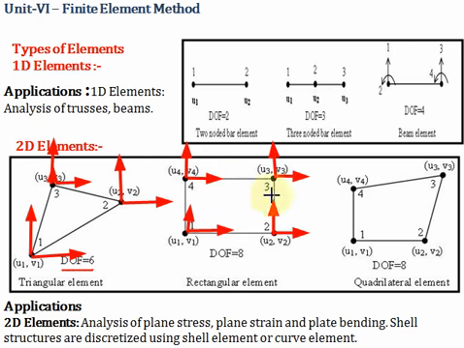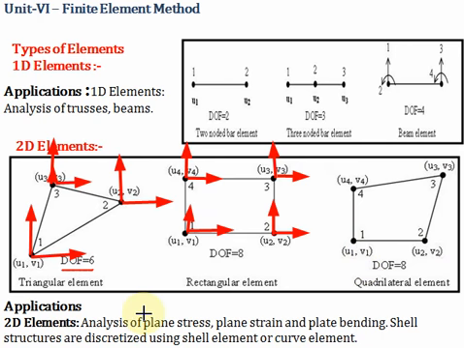So total degree of freedom is 8: in 4 nodes, at each node 2 degree of freedom, so 4 into 2 is 8. The next example of 2D element is quadrilateral element. Again there are 4 nodes for a quadrilateral, at each node 2 degree of freedom. So total degree of freedom for a quadrilateral element is equal to 8.